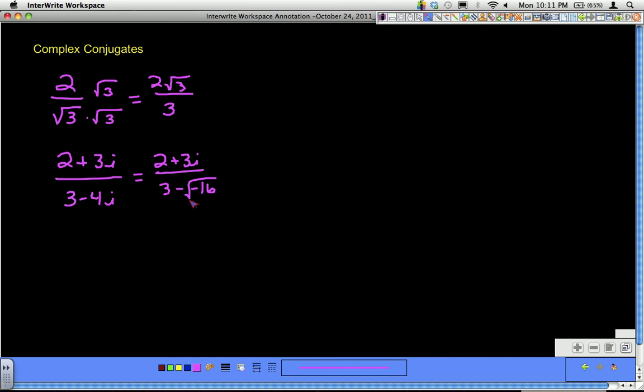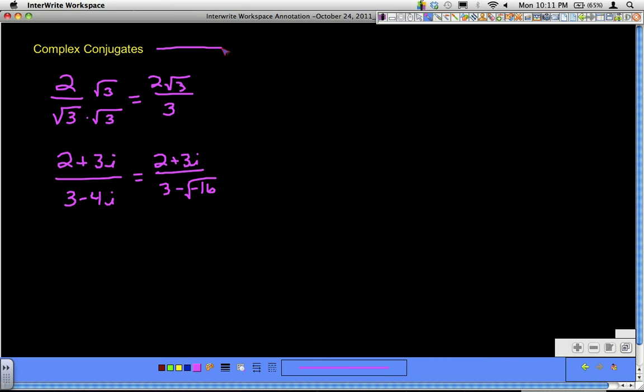Can't have a radical on the bottom. Well, with the earlier example it was nice because we had just one radical. You could take it times itself and it would cancel. Here I've got a minus sign, so I can't do that quick little shortcut. So that's where this idea of complex conjugates comes in.